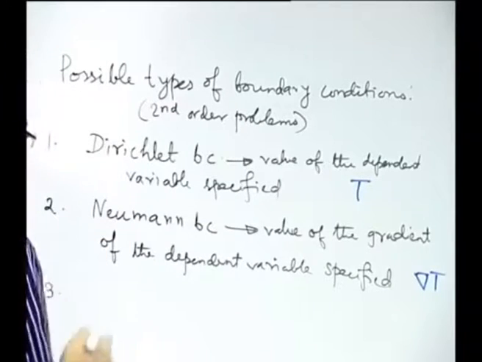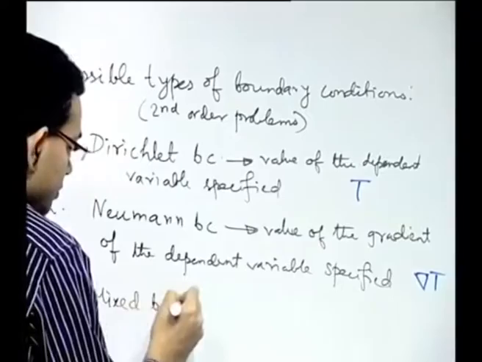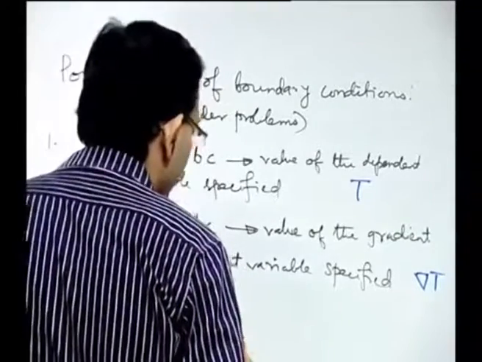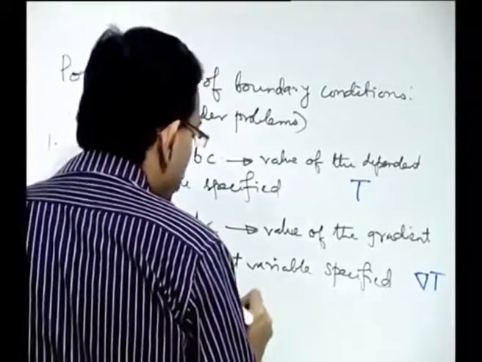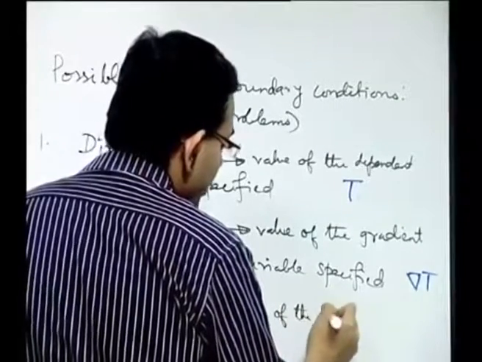The third type of boundary condition is called the mixed boundary condition, where the value of the dependent variable is expressed as a function of the gradient.